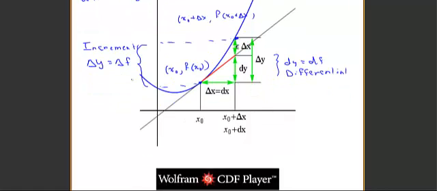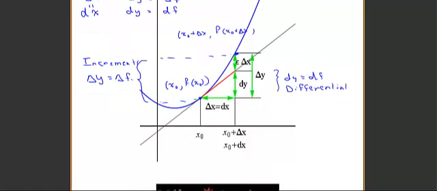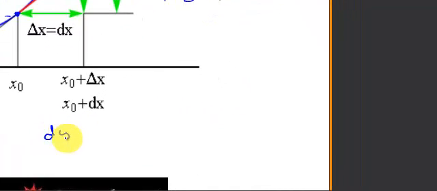Now let's come up with a formula for the differential. Notice that dy divided by dx is the rise over run for this tangent line. So this would be the slope of the tangent, I'll call it m sub tan.